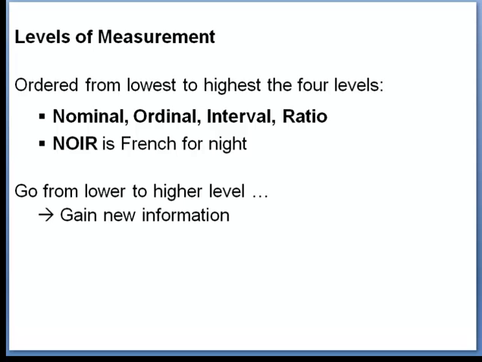These are nominal, ordinal, interval, and ratio. Think "noir," the French term for night, to help you remember that order. As you go from a lower level up to the next higher one, you're gaining new and more precise information, and qualitatively different information.